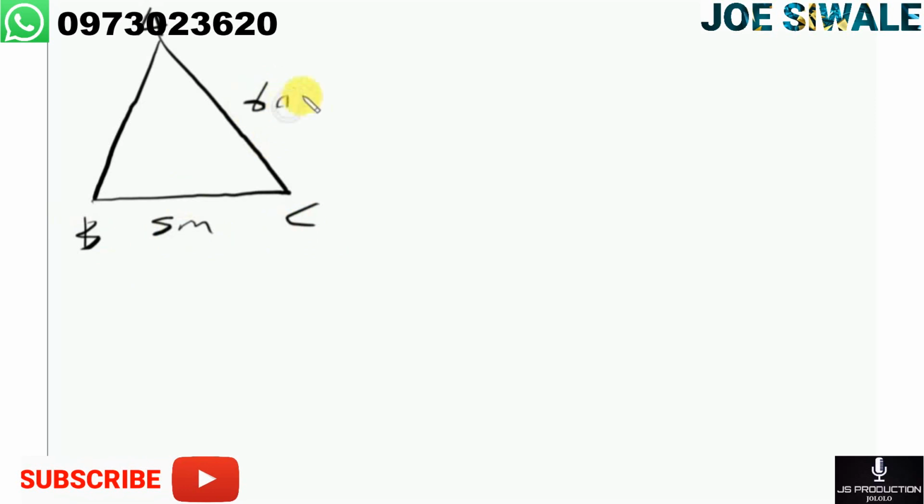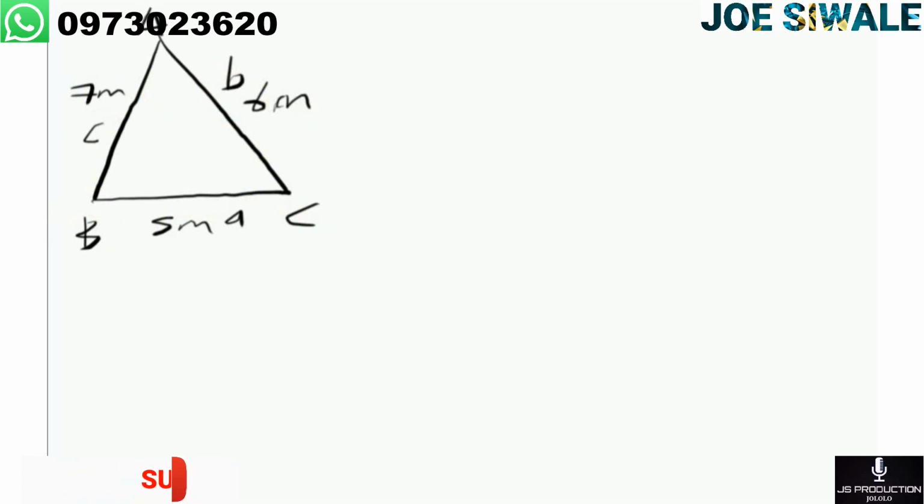The side BC is 5 meters, the side AC is 6 meters, and the side AB is 7 meters.